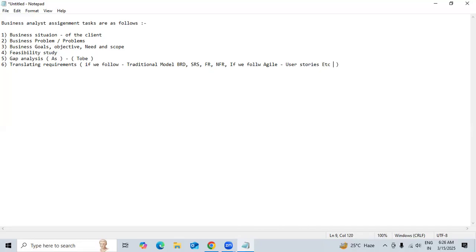This is all about translating requirements. If you follow the traditional model, there are templates available where you need to translate based on the confirmation that we have taken. If it is an agile environment, we need to write down some user stories.